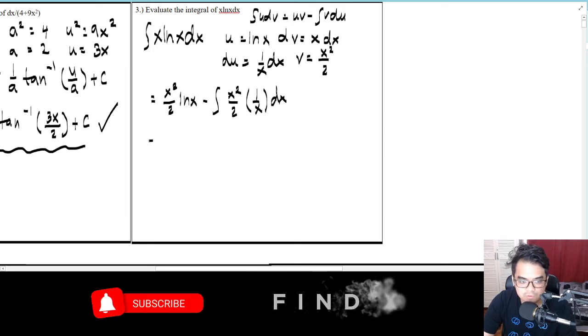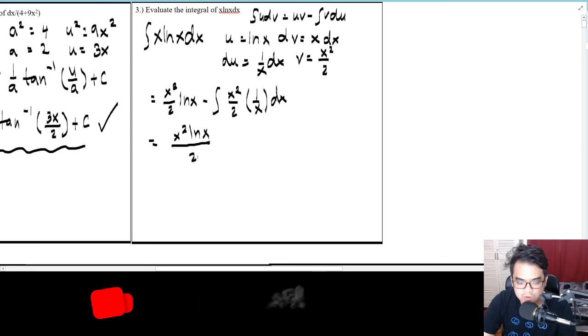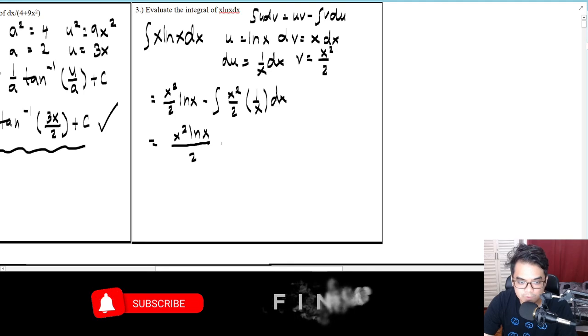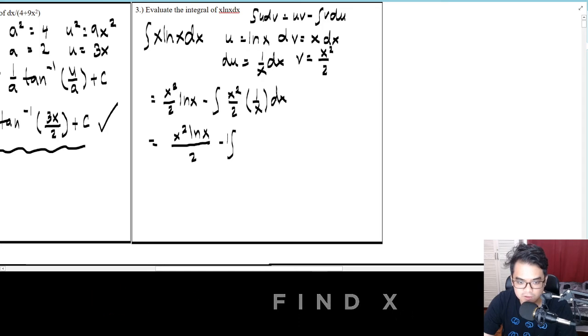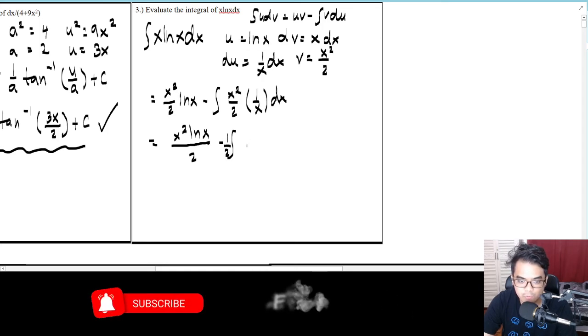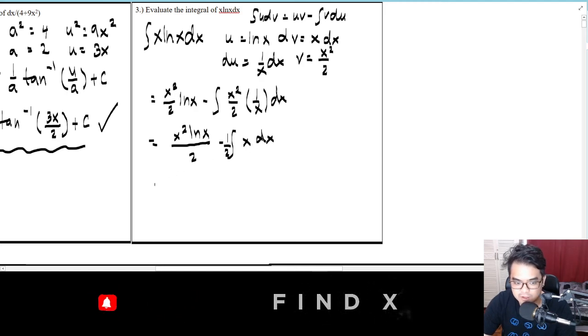We can simplify: you can cancel out one of the x, and I can also bring out the 1/2 to make it easier. So this is just x dx.